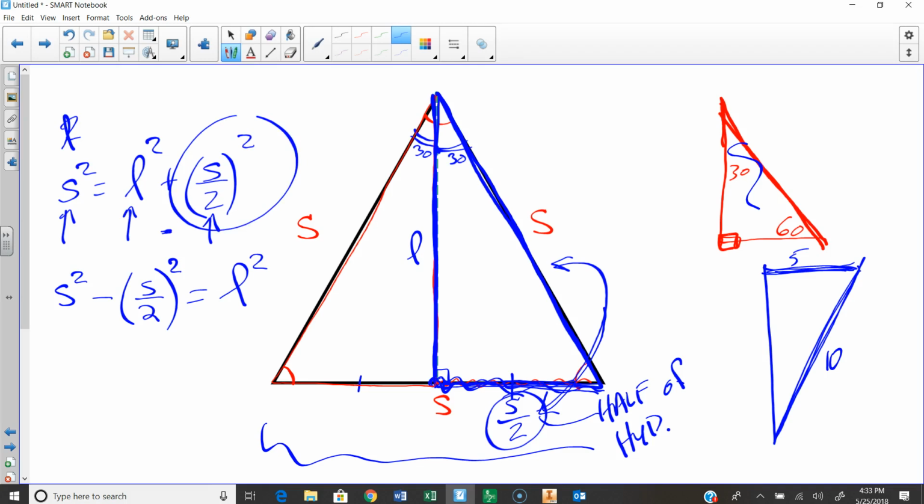Now I'm going to take a moment and clean up this side. I'm going to square this, which means I can square the S and I have to square the 2 as well. So I have S squared minus S squared over 4 equals L squared.